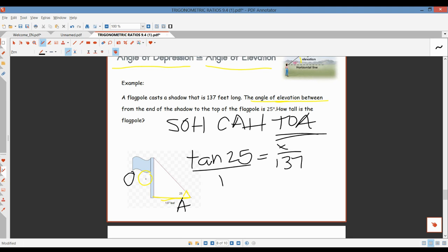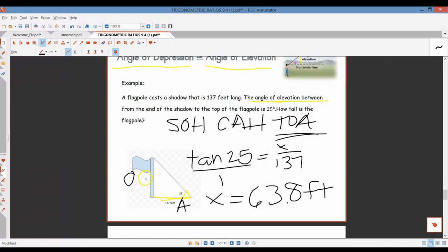When we cross multiply, we're going to have 137 tan 25 equals X. So here I have X equals, after I put that in the calculator, about 63.8 feet. So that's how tall our flagpole is.